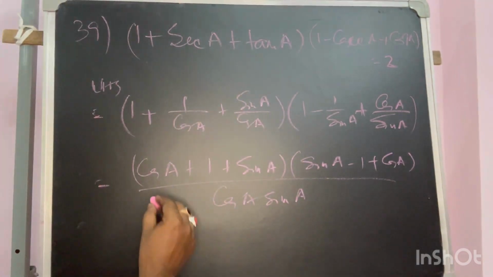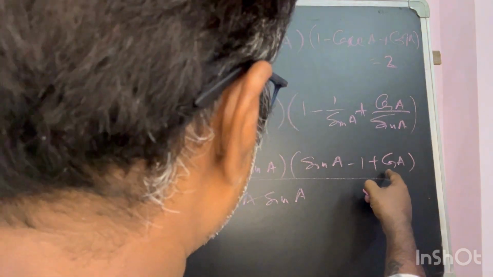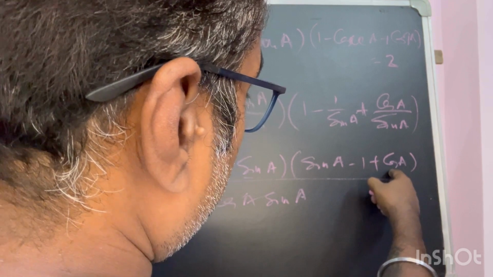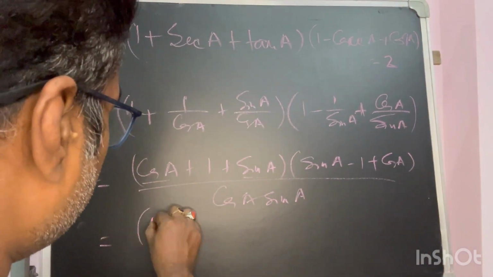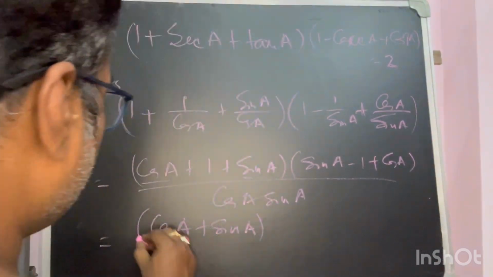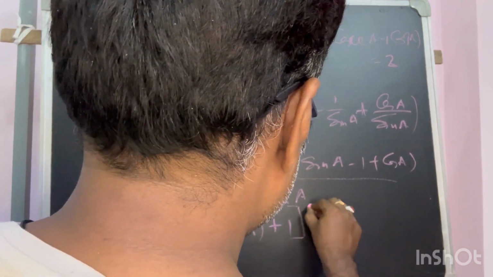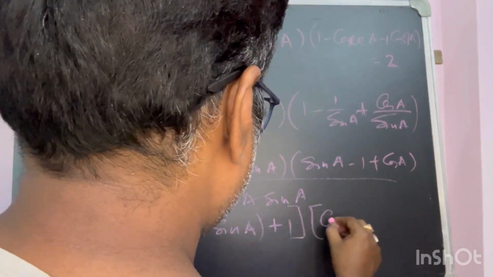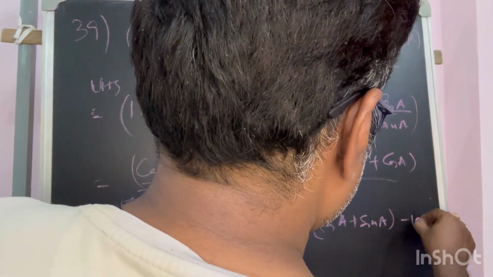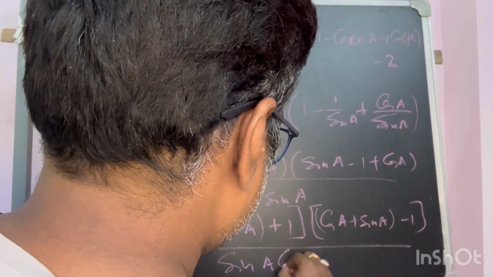So now these two parts, how will you separate them? Cos is plus here, sin is plus here, cos is plus here. So we can make two parts of this. Sin a is a part. In the first case I will write plus 1. In the second case cos a plus sin a will be in bracket and it will be minus 1, and the bottom one will be sin a cos a.